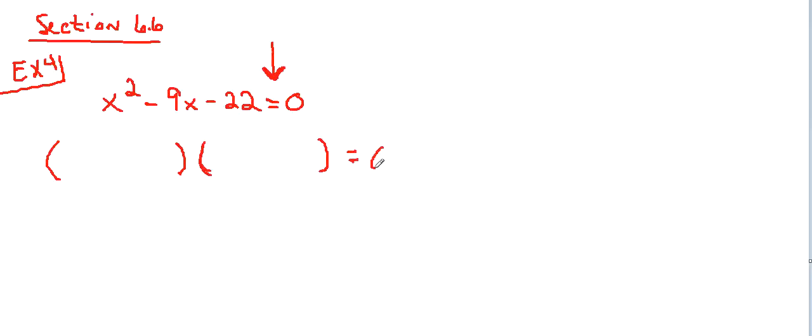I know it equals 0, to reinforce the idea that I have to solve for x. So I have an x here and an x here, and I'll copy down the negative sign here, and if this is negative and this is negative, that means this sign has to be positive, because a negative times a positive is a negative, and that's the negative with the 22. So my number here is 22. If you want to take the negative with you, you can. And I want two factors of negative 22 that add up to be negative 9.